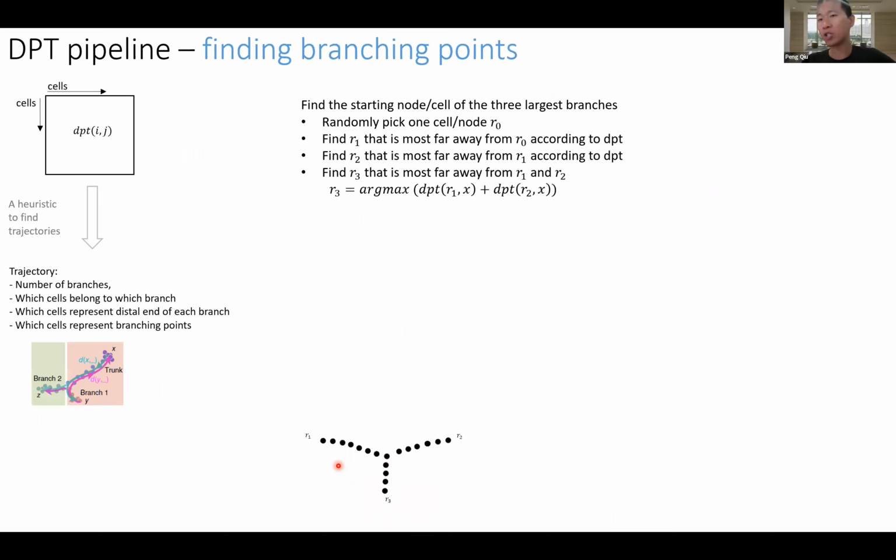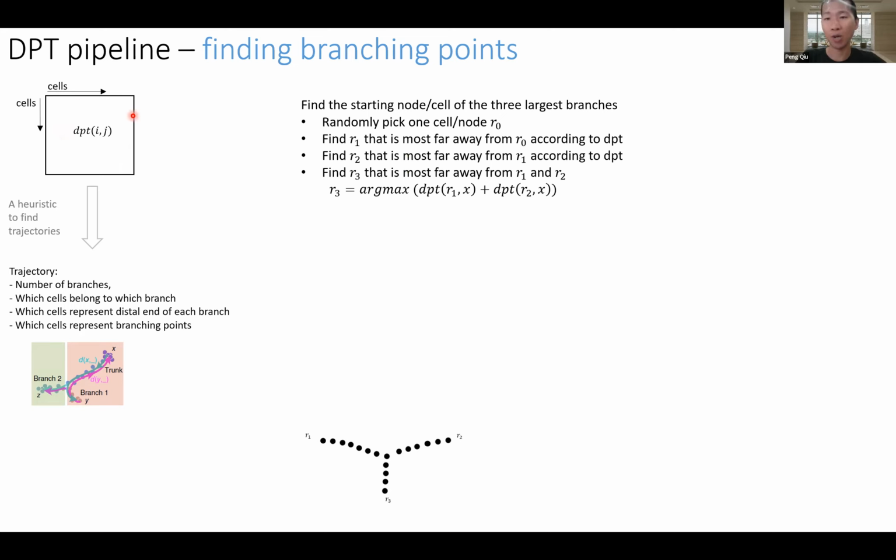So the way they do it is that, given this DPT matrix, they randomly pick one cell, and then they try to find the cell that is farthest away from the randomly picked cell. Distances are defined in this DPT matrix.